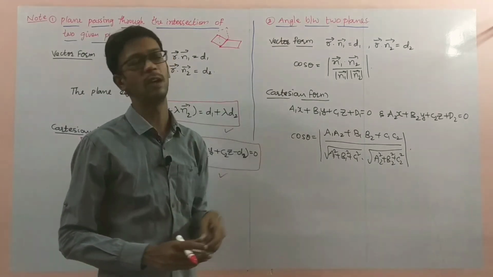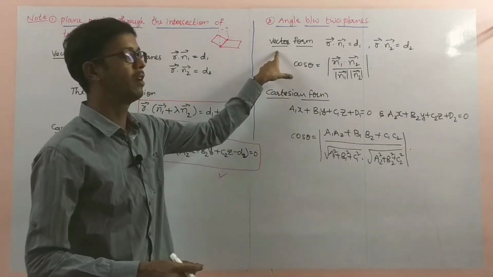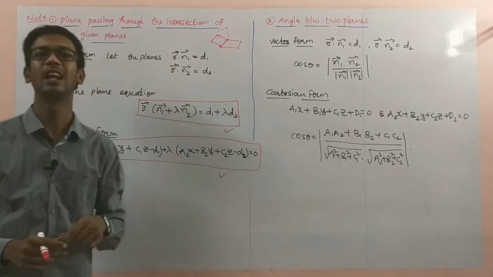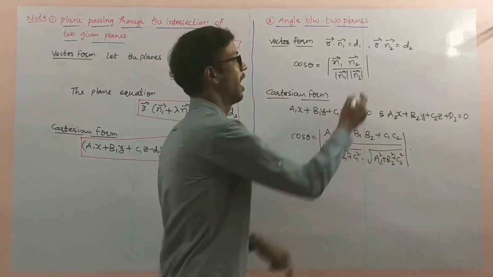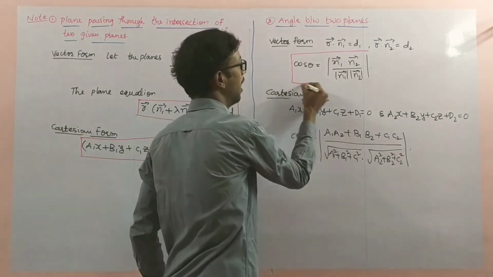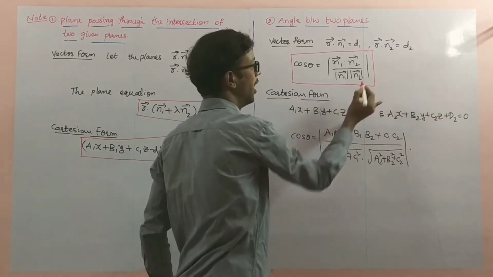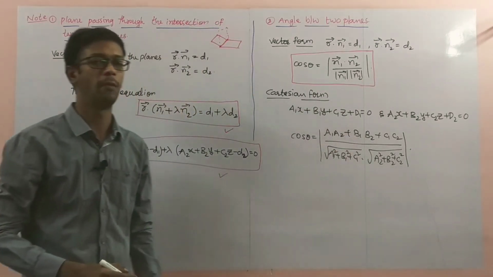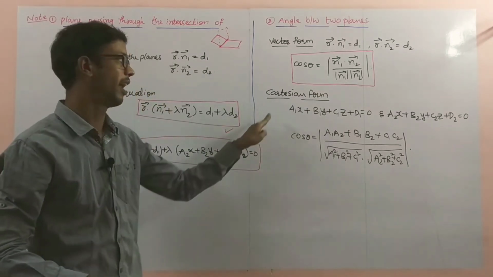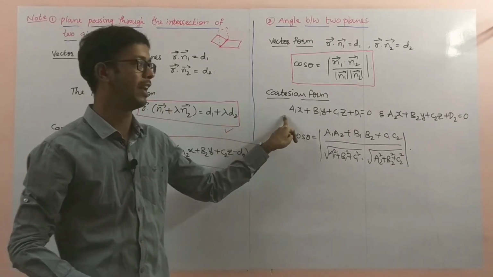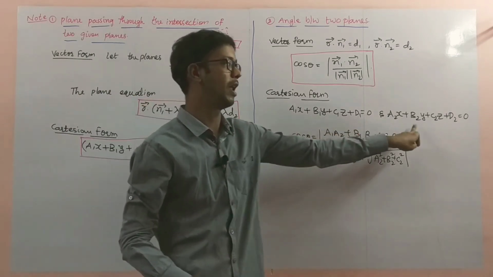Next, angle between two planes. If the two given planes are in vector form, the cos theta formula is mod of n1 bar dot n2 bar by magnitude of n1 bar into magnitude of n2 bar. Next, in Cartesian form, the two plane equations are like this.